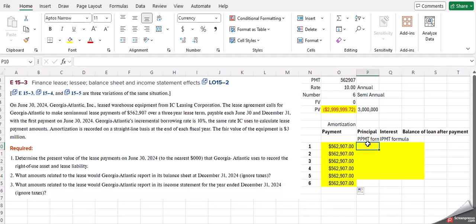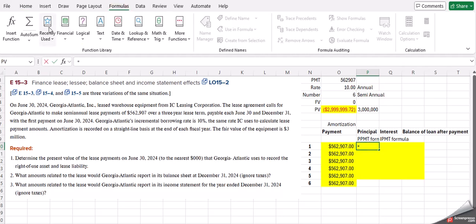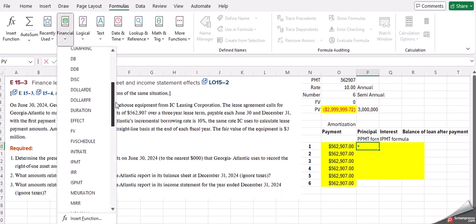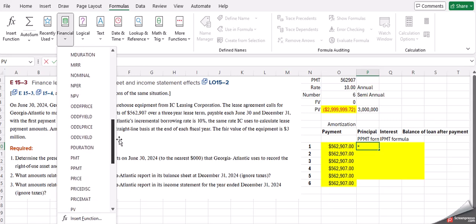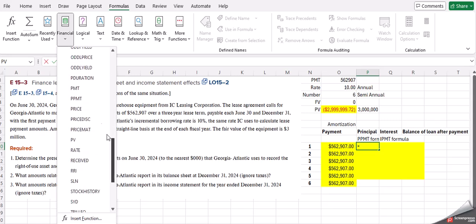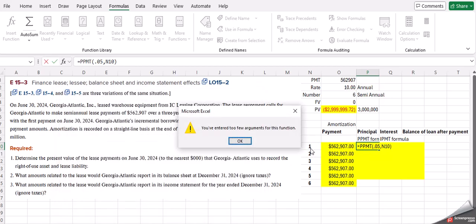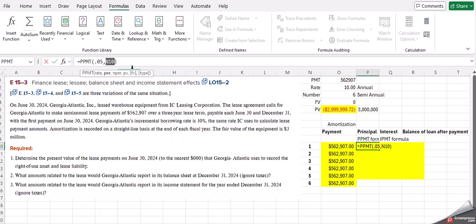Okay, then if we go in here, we can amortize it to figure out how much out of that payment goes to principal and how much goes to interest. So again, if we go to our formulas, this time it is the PMT, so that is the principal out of that payment. And then the rate is going to be the same, the 0.05.